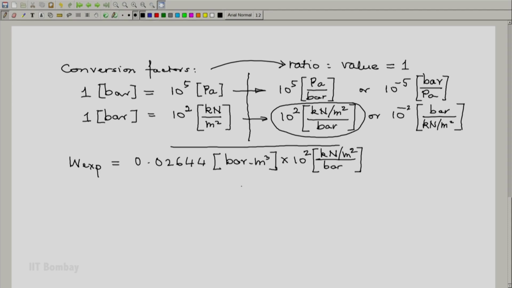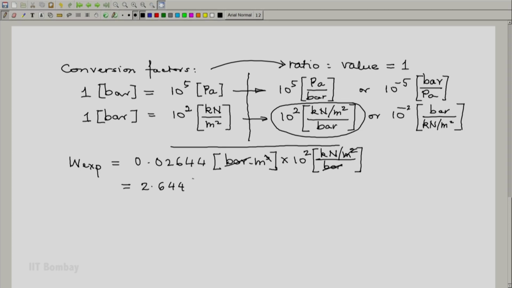Because the value is 1 and it is dimensionless, we are not changing anything. But when we do this, consider this bar meter cube here and the bar and kilonewton and meter square here as algebraic symbols. So I can cancel out bar, and there is a meter square which gets rid of this meter cube and converts it into a meter. So now I end up with 10 raised to 2 into 0.02644, so 2.644.